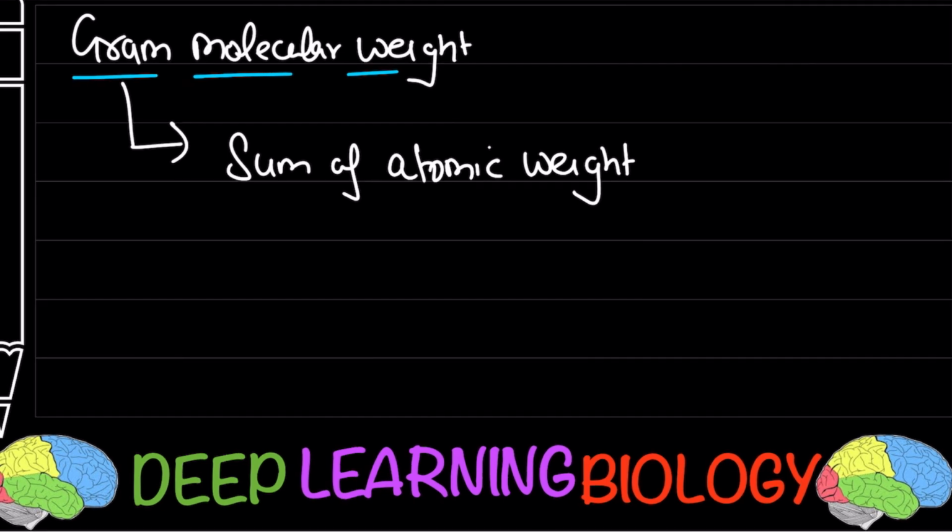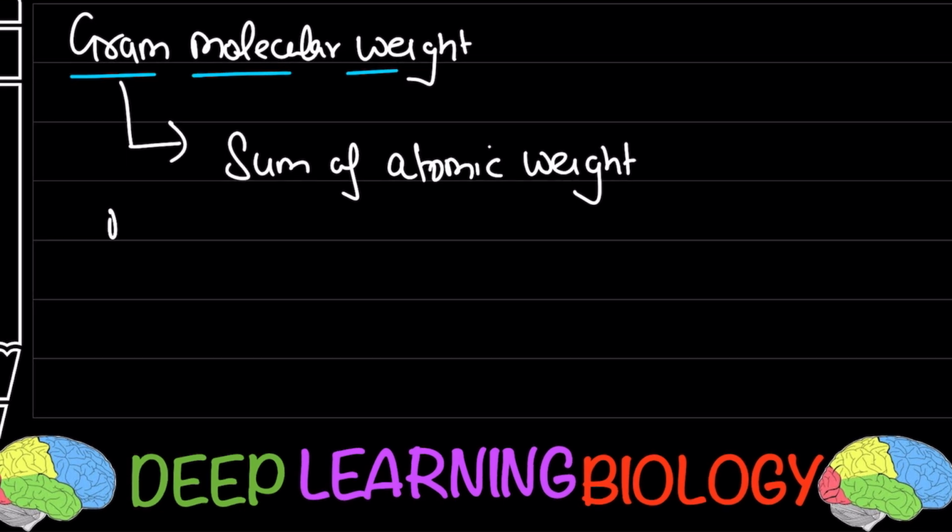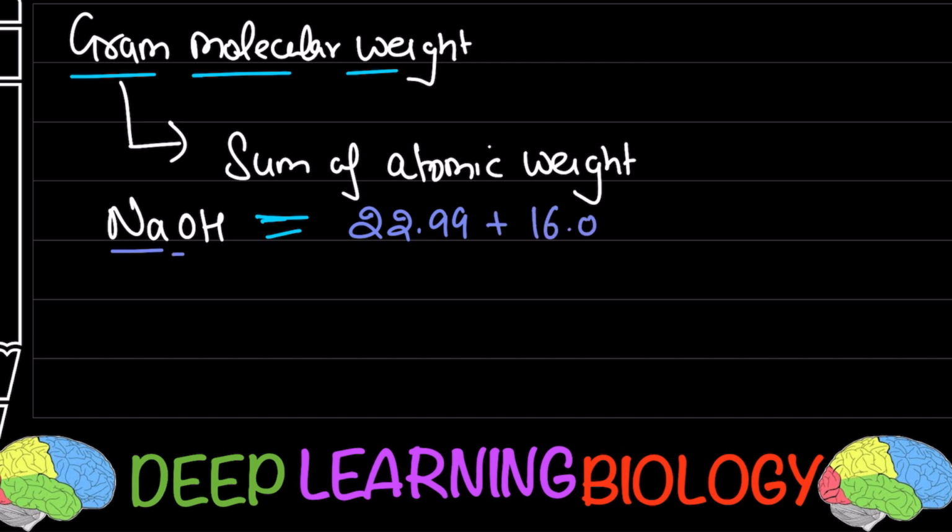Now try to see here. Let's suppose we have sodium hydroxide, NaOH. Hopefully you know the sodium has atomic weight 22.99, the oxygen has atomic weight 16, and the hydrogen has atomic weight 1.01.